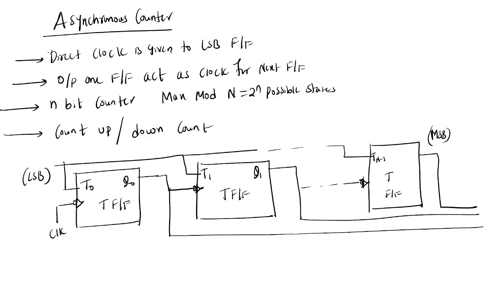As per the statement, direct clock is given to the LSB, and the output of one flip-flop is acting as a clock for the next flip-flop. Is it fine? Yes, sir. Okay, next.